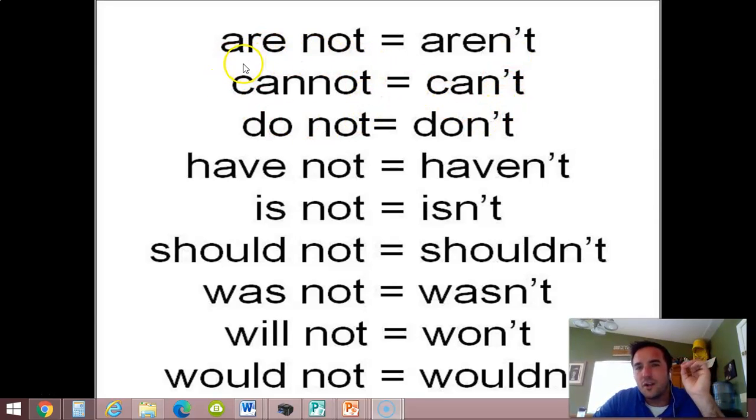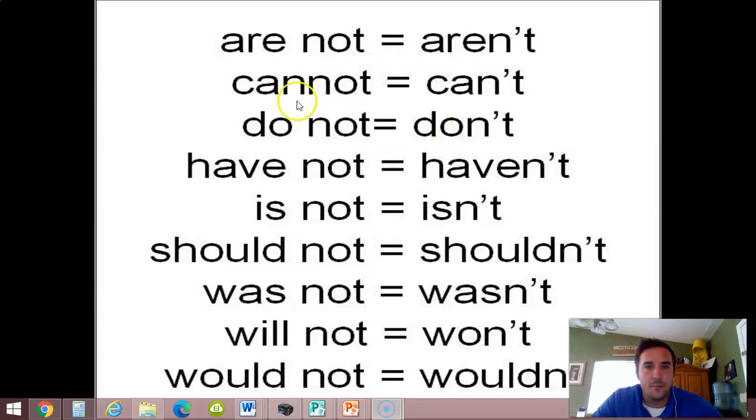Notice in the word cannot, you might hear your little cousin say, I can't do it. Well, he's really saying I cannot do it, right? But to contract it, which is perfectly fine, is can't. Please notice you also kick out two letters. It doesn't matter; sometimes you kick out more than two letters, but even though you kick out two letters here, you still put the apostrophe where you kick it out.